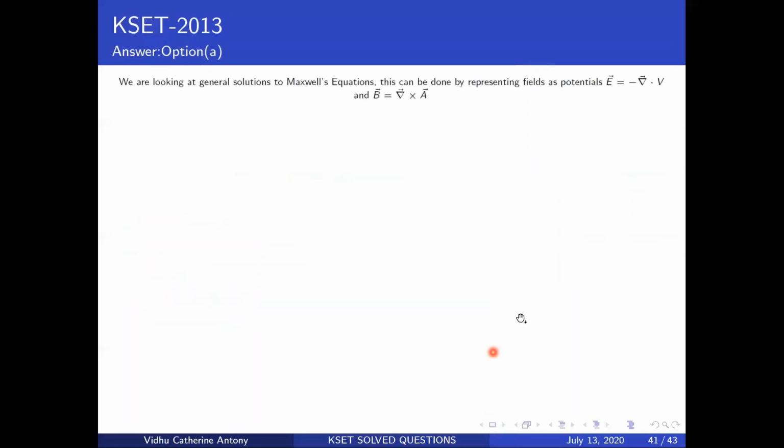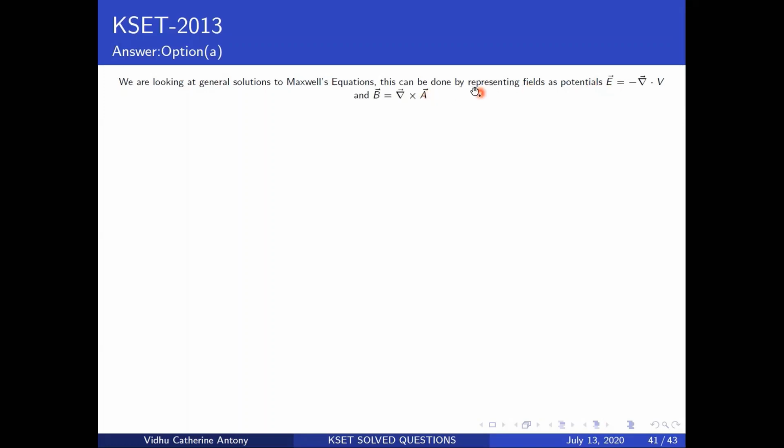What do we know about your electric scalar potential? You can write your E in terms of your electric scalar potential, and you can write your B in terms of the magnetic vector potential.